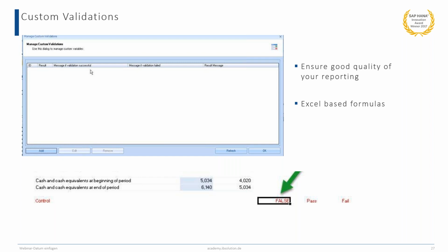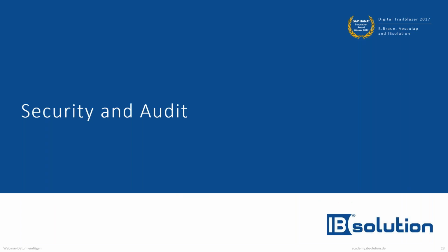They're Excel-based formulas, and they're available in your data cache, but they'll also be displayed on the chapter screen, where we can see what the due date is and what state we're at in the workflow. So if a chapter or a table has failed the custom validations, there will be a flag against the information screen of our chapter, and we will know that we have to go into this chapter and make sure that everything is fixed and correct.